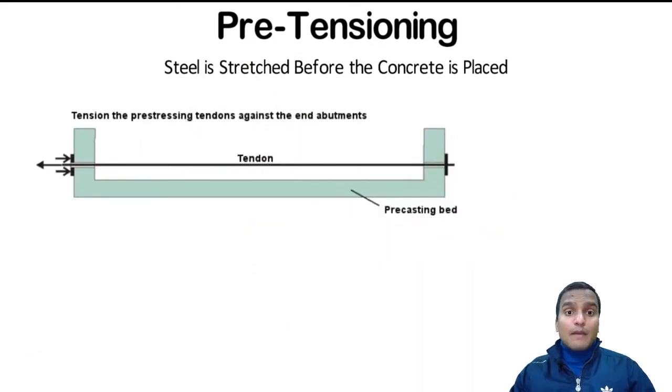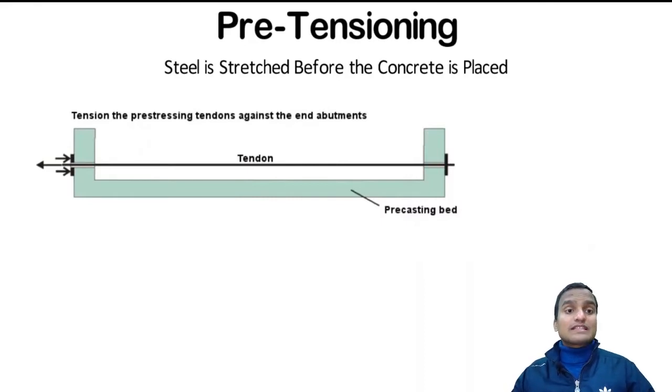So here we first of all make a precasting bed, and on that we arrange the anchorages, and with the help of those anchorages and jacks we attach the tendons. These tendons are stretched against the end abutments.